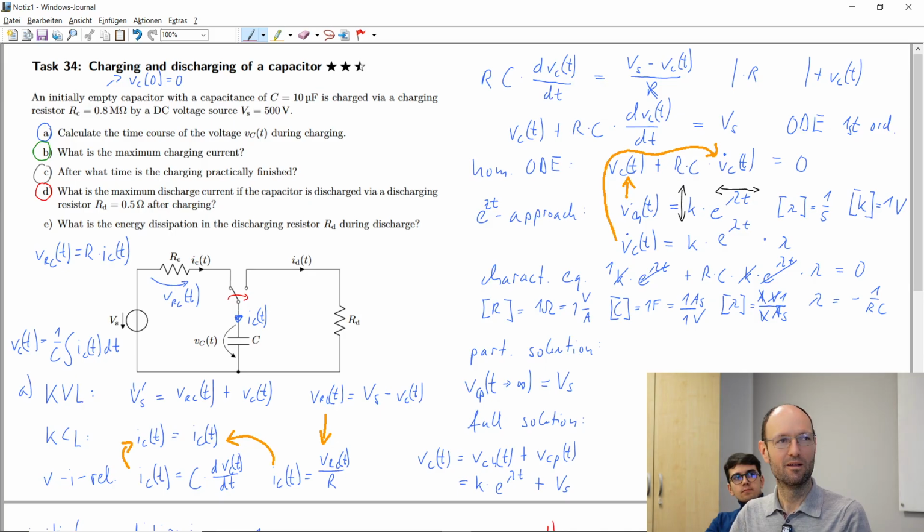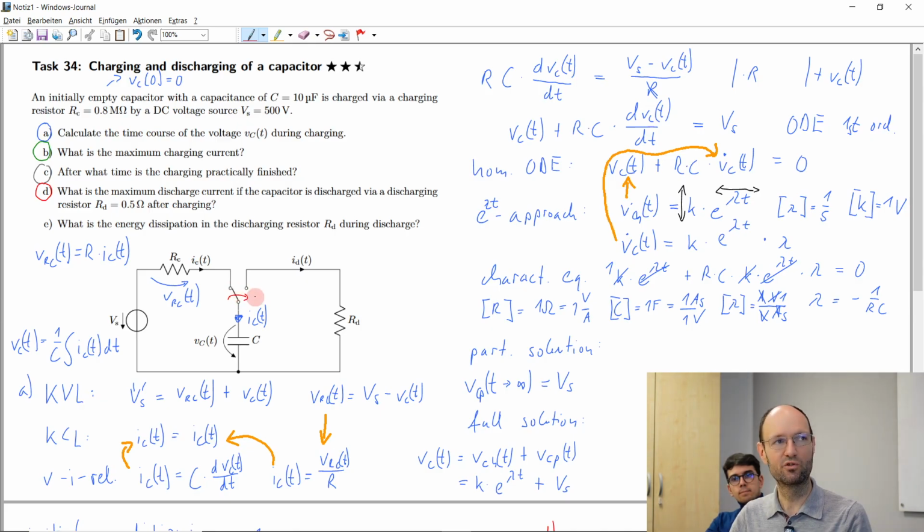Okay, so we could do something similar if we would replace the capacitor by some inductor, and if we take a small resistor and a small source, charge some inductor with some current, right? The storing quantity inside some inductor will be the magnetic field, and the magnetic field is associated with some current.